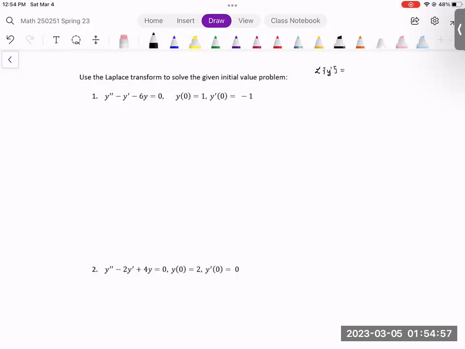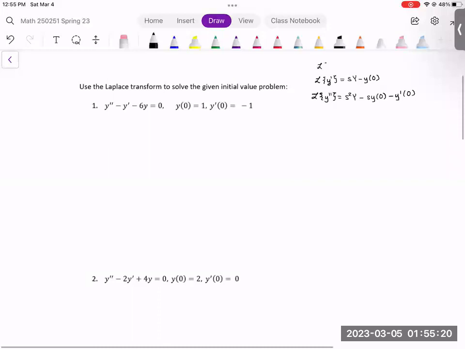The Laplace transform of y prime is s times Y minus little y at 0. The Laplace transform of y double prime is s squared capital Y minus s y at 0 minus y prime at 0. Here we're writing the Laplace transform of y just with a capital Y.